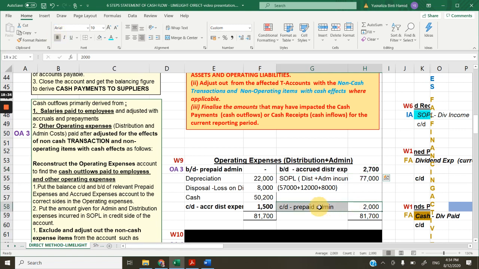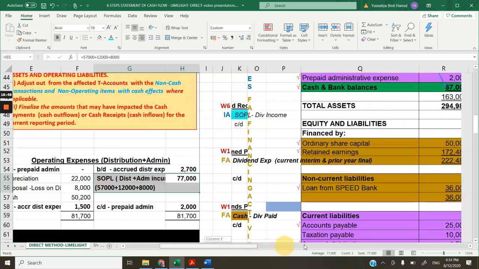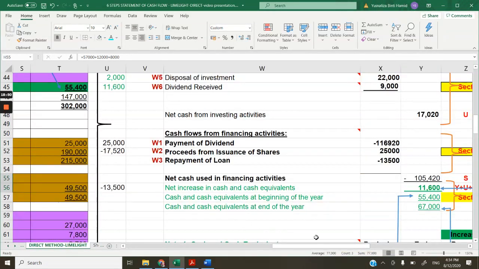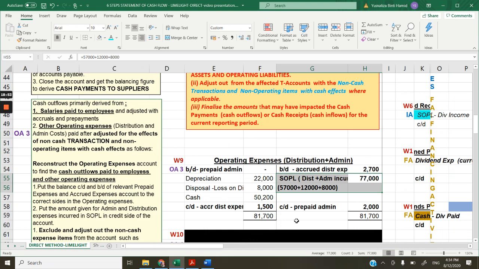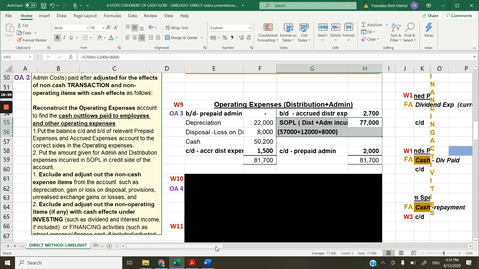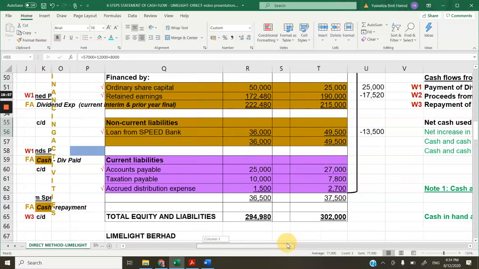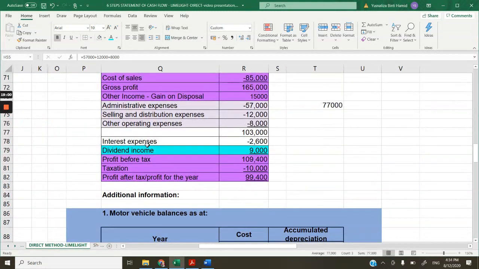I put this as well. And now what was the thing that I calculated earlier, which is the result of this distribution and admin, 57,000 plus 12,000 plus 8,000 from the statement that I have shown you earlier, which is the statement of profit or loss. Where is it? Yeah, it's there, right? So the total here is 77,000, the total from these three items, right?